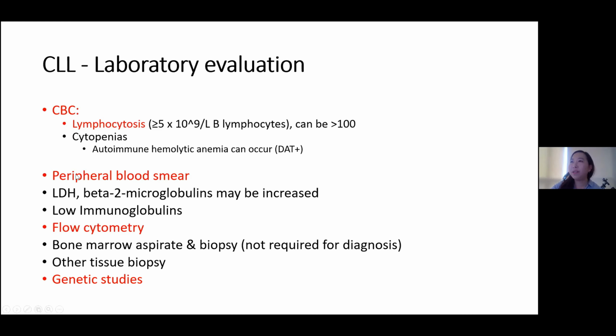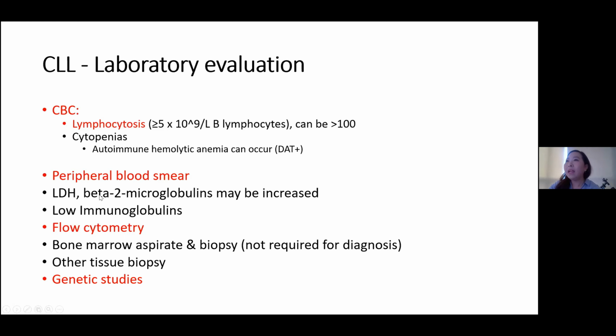Peripheral blood smear, of course, essential for recognizing this condition. And then I highlight in red what will be very useful for diagnosis of CLL. So flow cytometry is very useful to demonstrate the aberrant expression of 5 and 23 in the B cells.